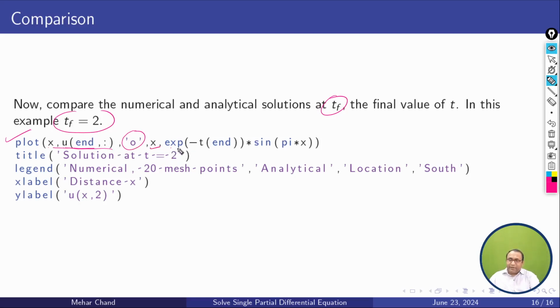Then we have the analytical solution. So these are the two solutions, one numerical and the other analytical, for the same argument. For the title we have solution at tf equal to 2, and the legend has numerical solution and analytical solution. Then we have the x label and y label.